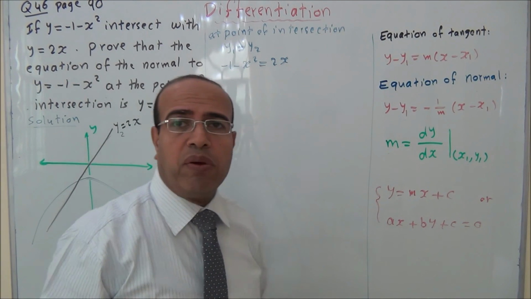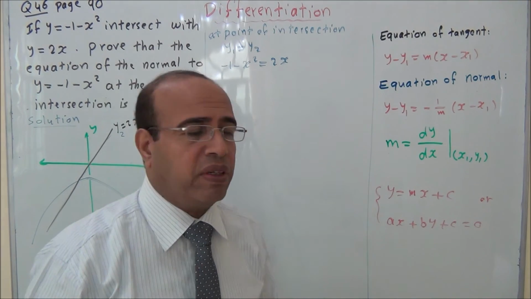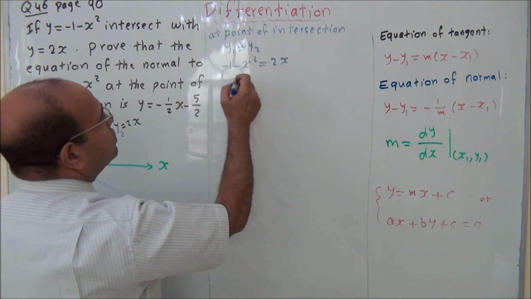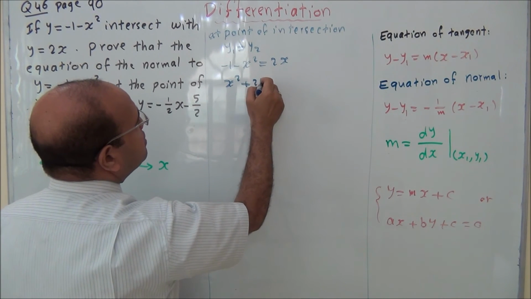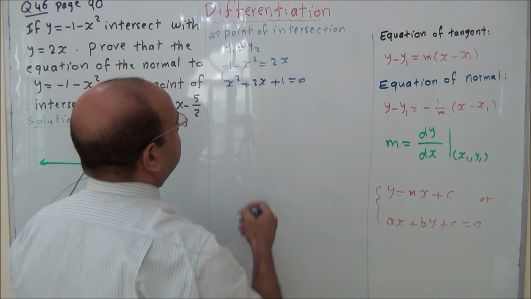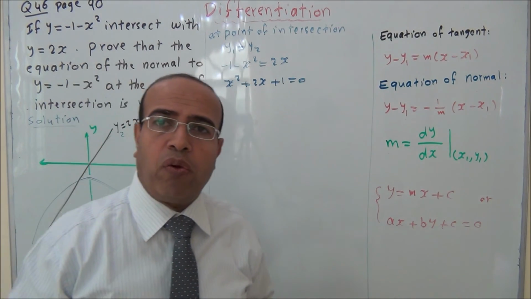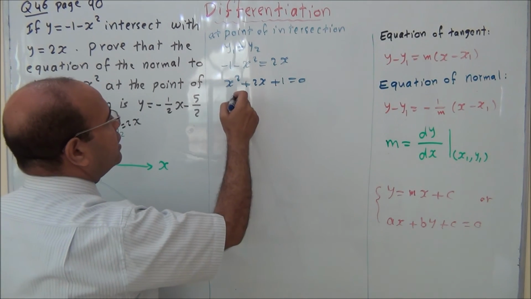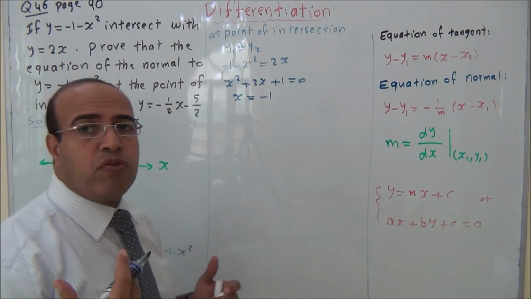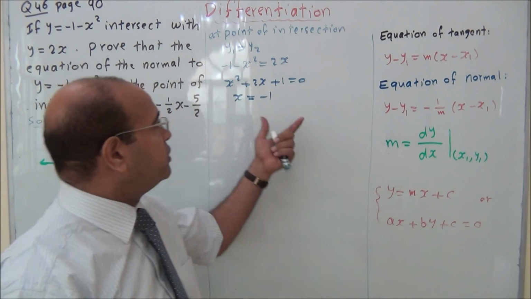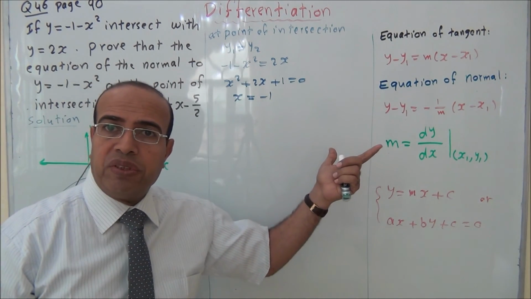We solve this equation by using the calculator, mode 3, but we have to rearrange it. So it becomes x squared, we move to the other side, plus 2x plus 1 equals 0. By solving this equation, x equals negative 1. So we have one point of intersection because we have one solution of this equation.